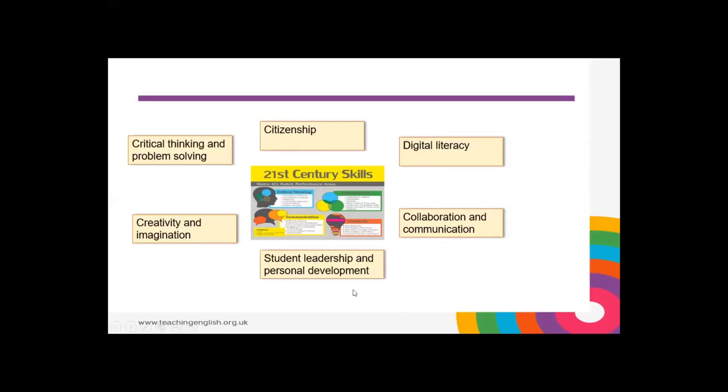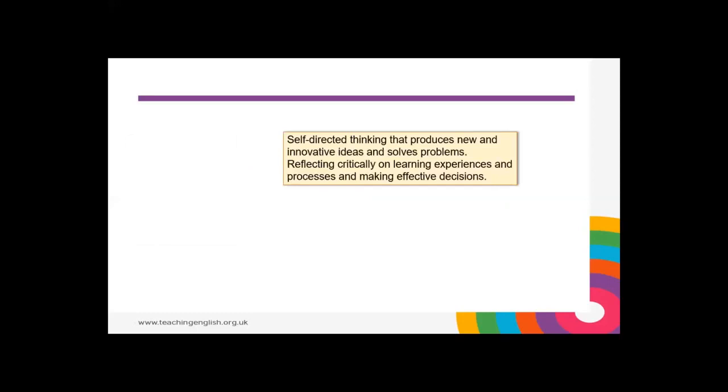Okay, so keep them in your mind to do the coming activity. Here we have a definition for each of these skills. Try to read the definition and say which skill it is. Which skill of the skills we mentioned is it?